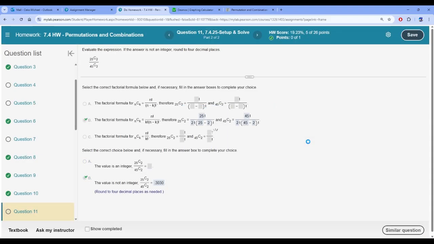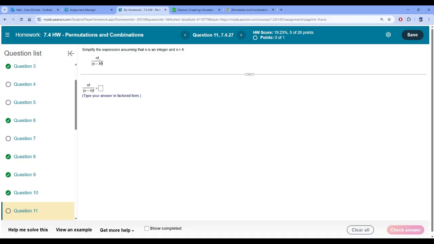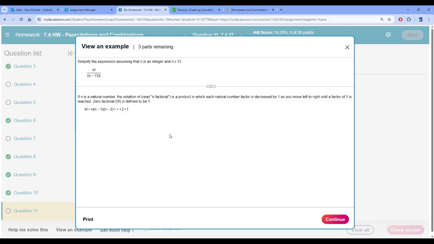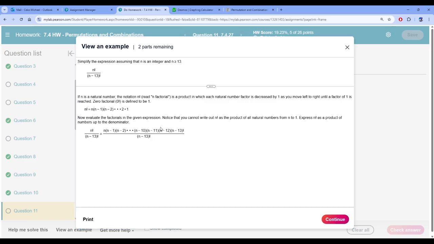Hopefully that made sense. All right, simplify in factored form. I don't know what they're looking for. What are you looking for? Just that?